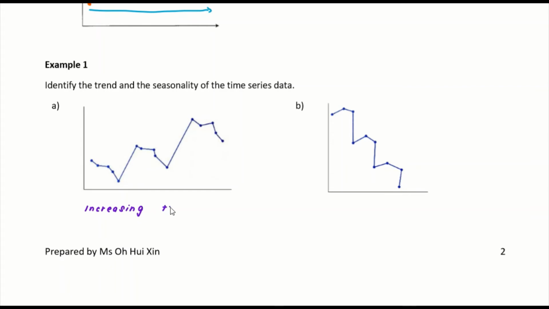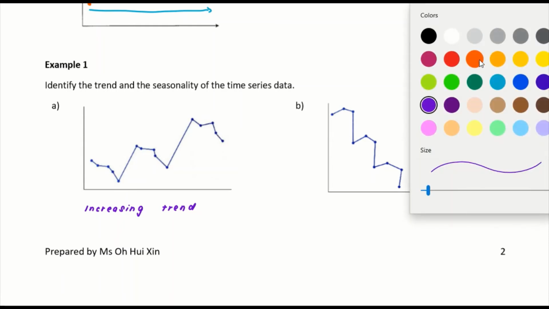So now let's try to identify the seasonality, whether there's a variation in terms of their season or not. Same thing, you will realize that 1, 2, 3, 4, 5, then after that it repeats again 1, 2, 3, 4, 5, and then 1, 2, 3, 4, 5.